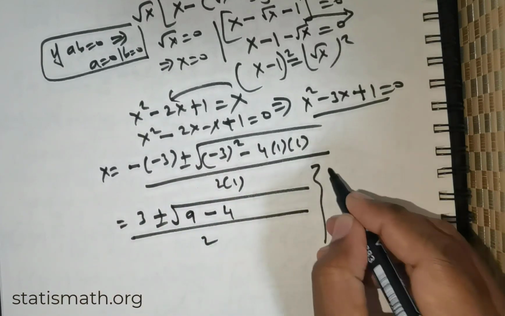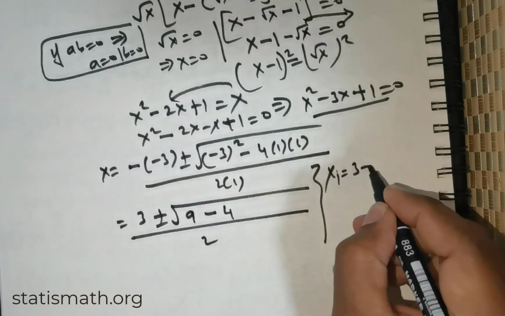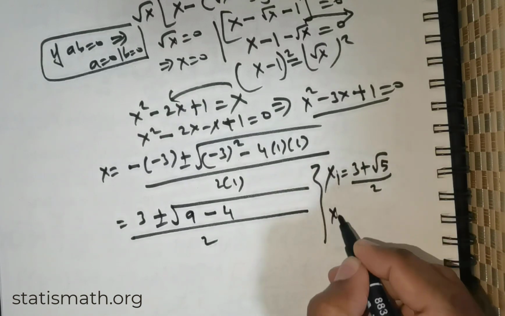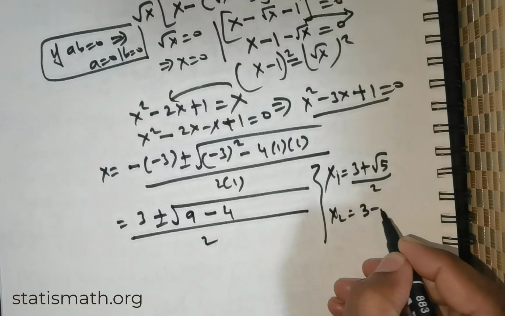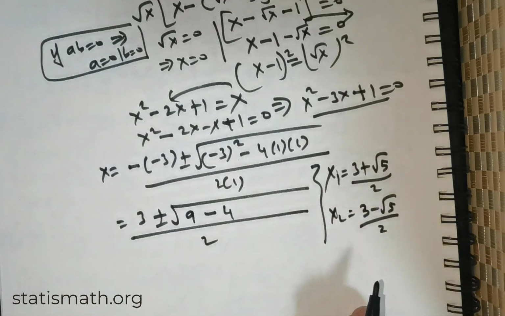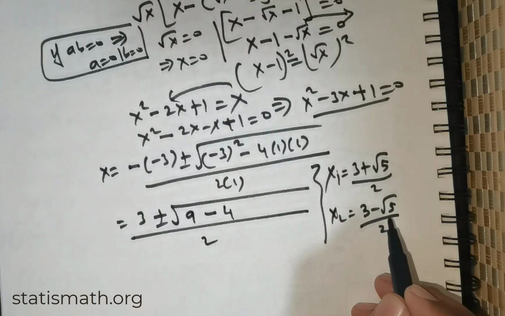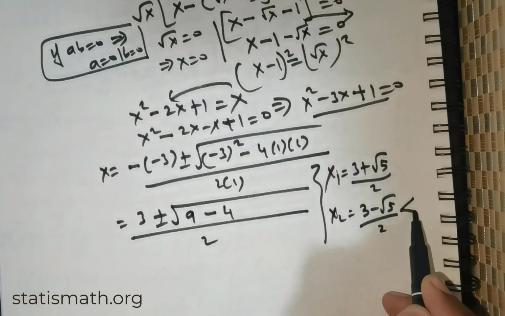So we got two roots here. x1 is equal to 3 plus root of 5 divided by 2, and then x2 is equal to 3 minus root of 5 divided by 2. Now this one, 3 minus root of 5 divided by 2, is going to be less than 1.